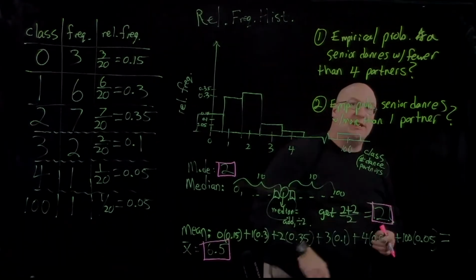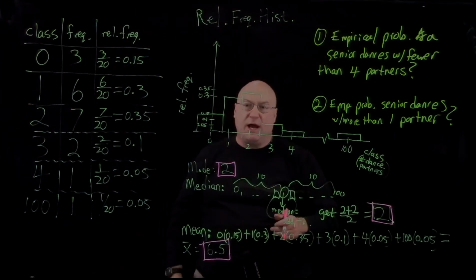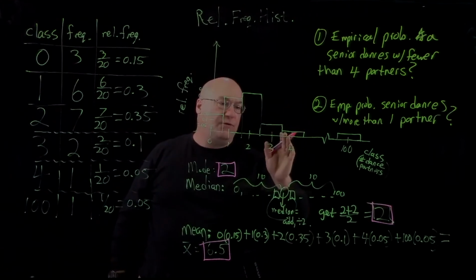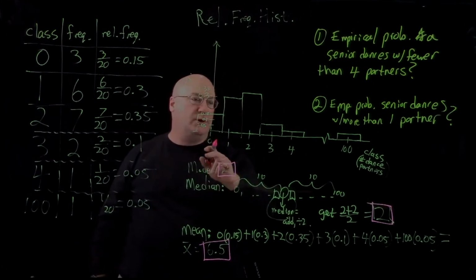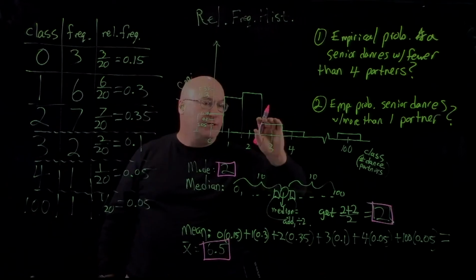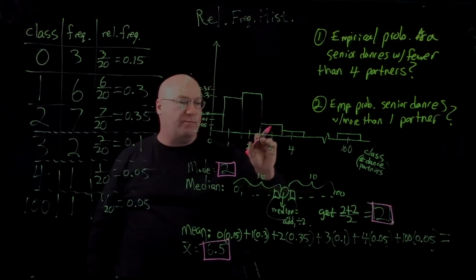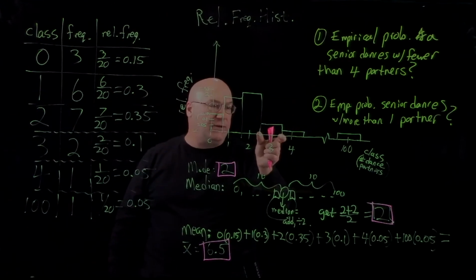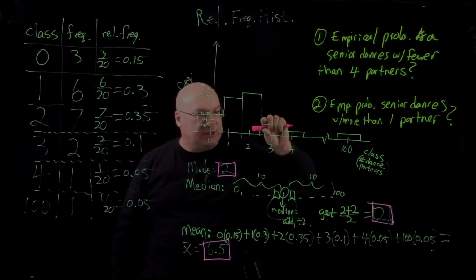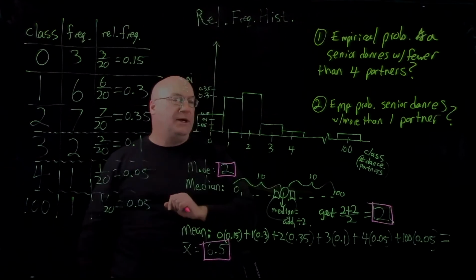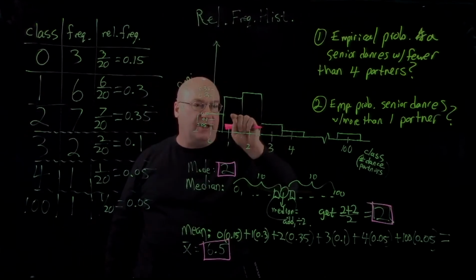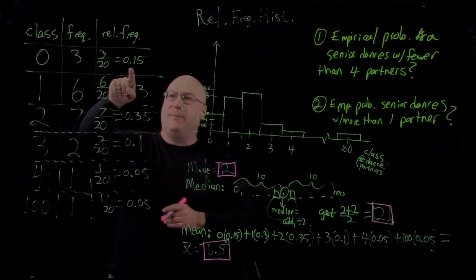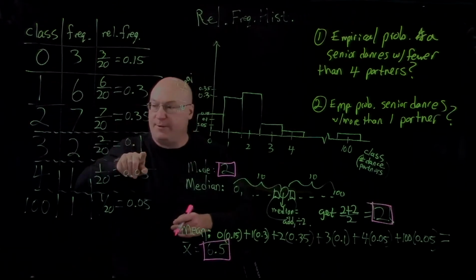Empirical probability of a senior dances with fewer than 4 partners. I can look at the chart or I can look at the histogram here. Fewer than 4 would mean 3, 2, 1, or 0. So I have to add up the areas of all of these bars. Remember, the area of the bar is the height times the width. The width is always 1, so it's the height times 1, so it's really just the height. So I'm going to add up 0, 1, 2, and 3, right?